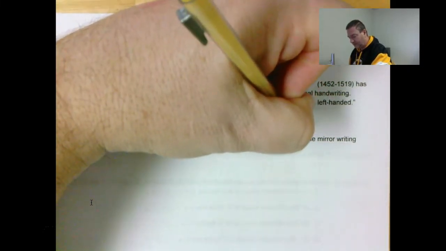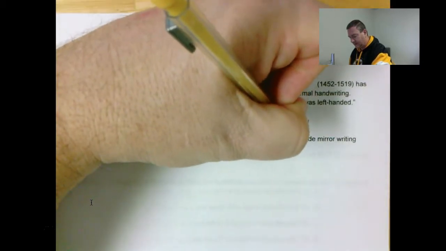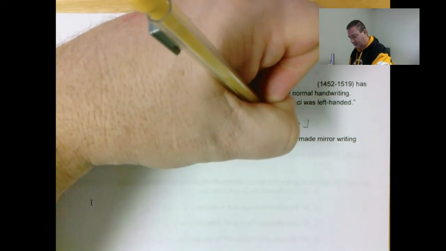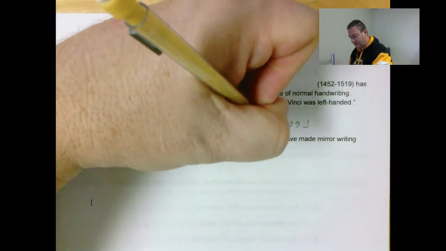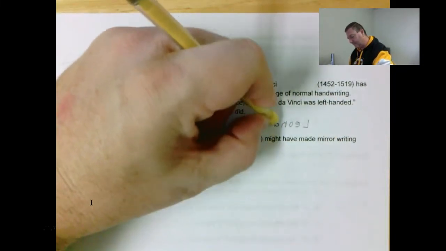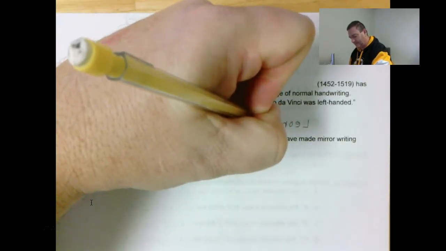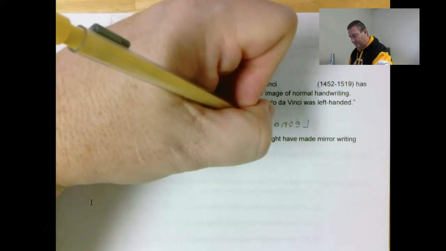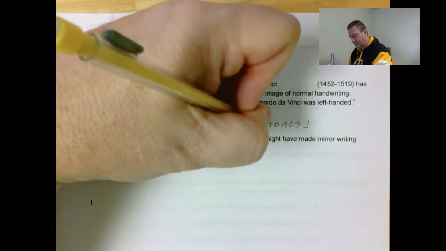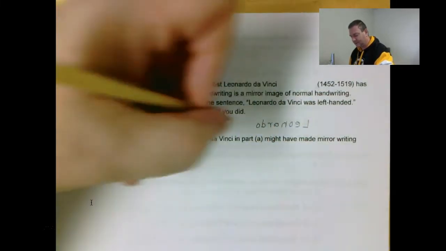reverse the O, which is just an O, reverse the N, reverse the A, which is the hard one for me to reverse. Reverse the R, reverse D, B, O, doesn't change.